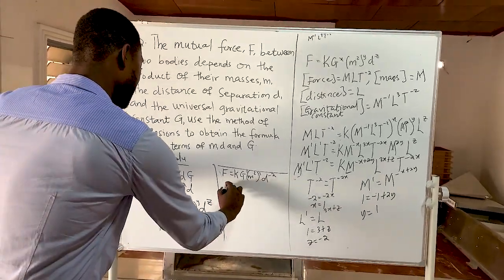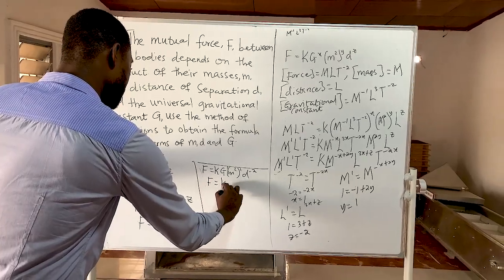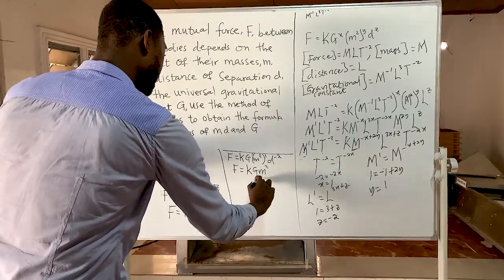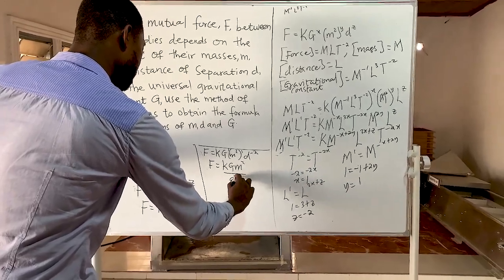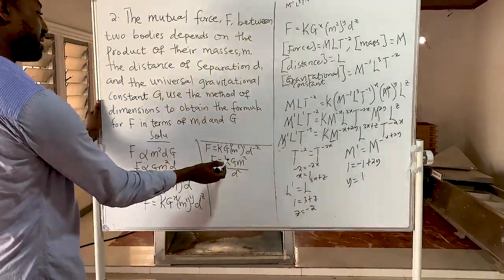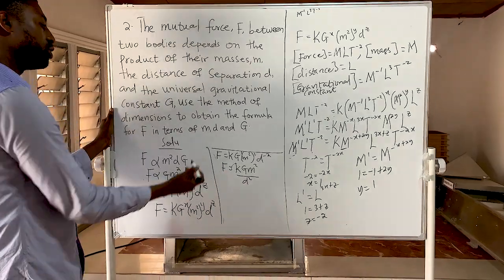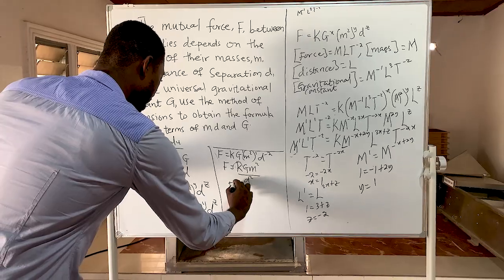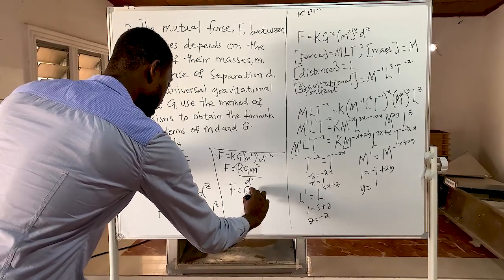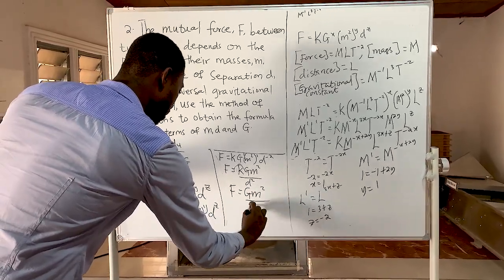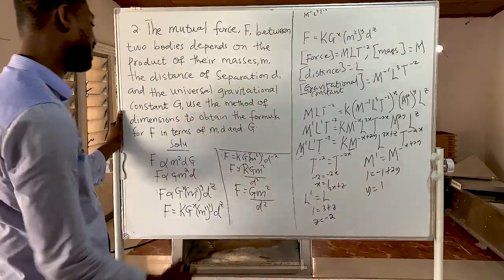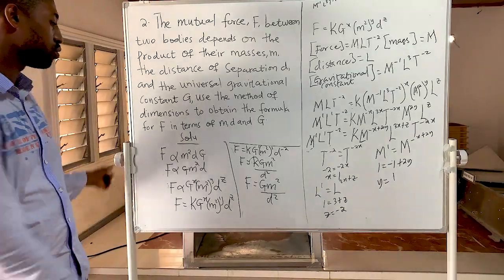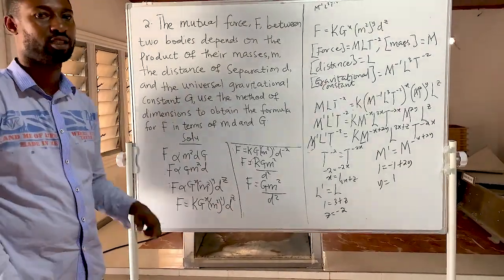So I'm going to have something like f is equal to k j m squared over d squared. Remember, the question says we should assume the value of the constant k to be 1. We are going to have f is equal to j m squared over d squared. And this is the equation or the formula relating f to m, d, and g.